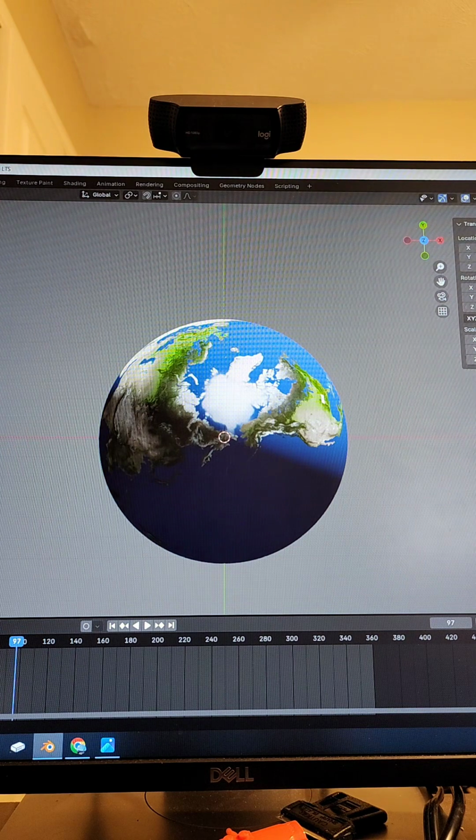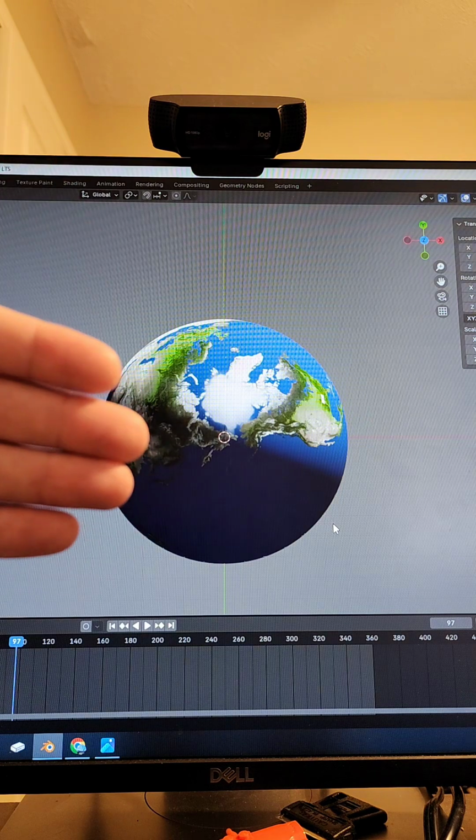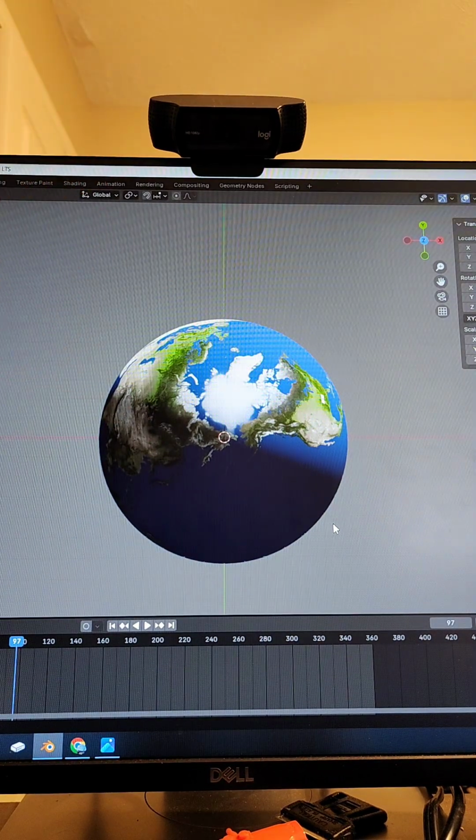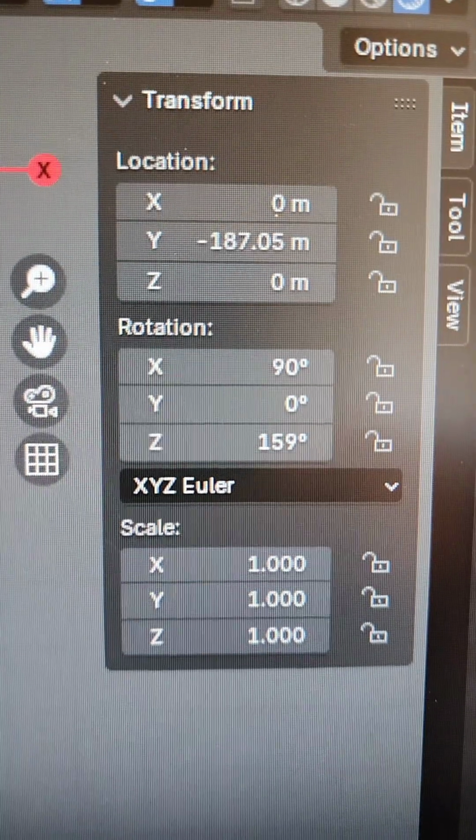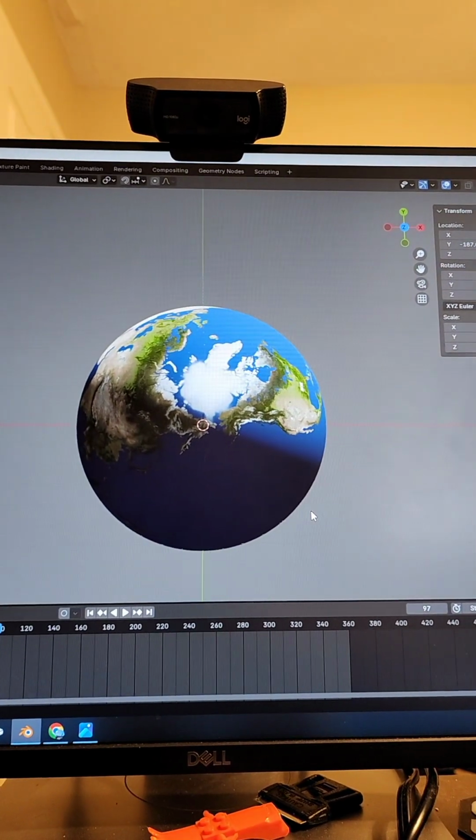So the light is sitting at 159. That means 159 days after December 21st. Or you can say 180 days minus from June 21st to May 31st as well. So whatever that day is, it's going to be at 159. So that right there is the position of the sun relative to the Earth.